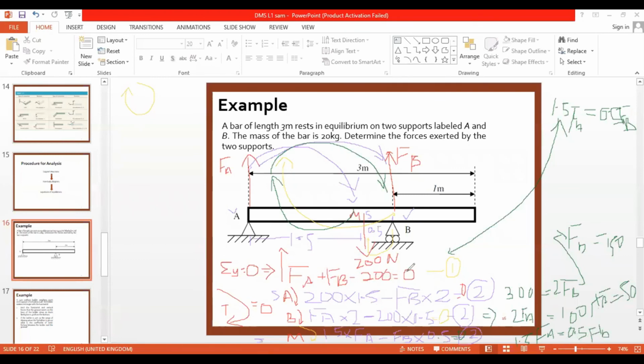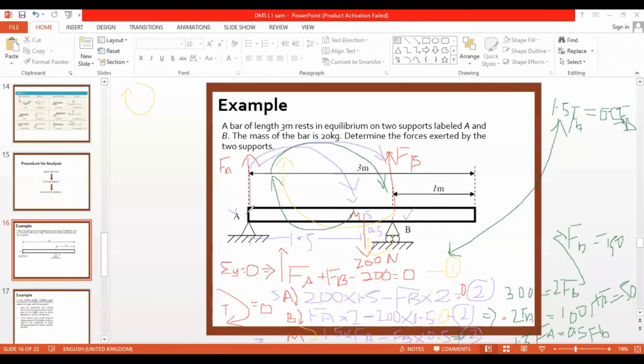So taking moments from A or B will be easier than taking from M. So this is a kind of easiness. You can keep it in your mind while you are sitting in the exam, or if you are lagging in time and need to work fast. This is a fast method, taking from A or B.